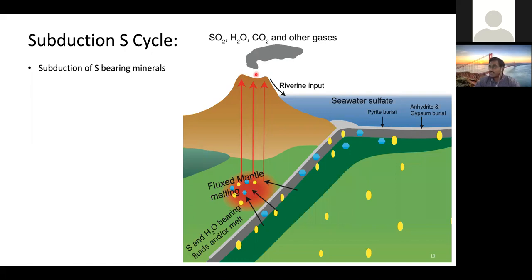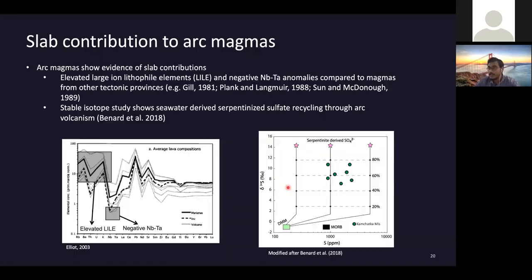So when we see arc magmas, we tend to think about contribution from the subducting slab. Arc magmas show evidence of slab contributions: elevated large ion lithophile elements and negative niobium-tantalum anomalies compared to magmas from other tectonic settings.